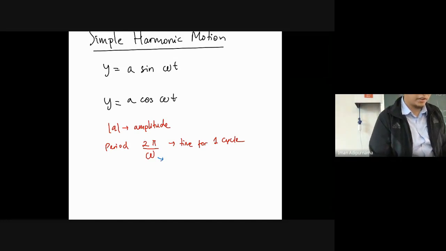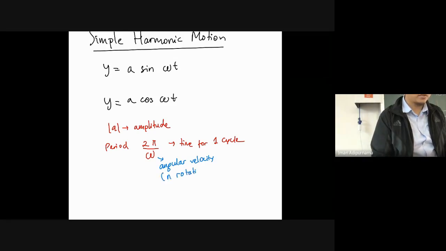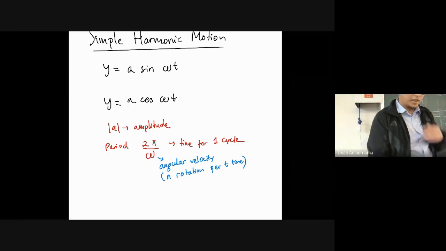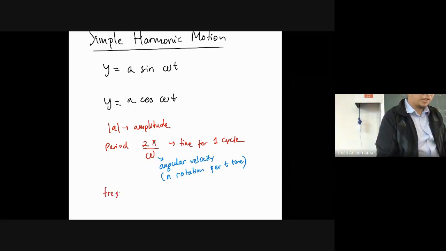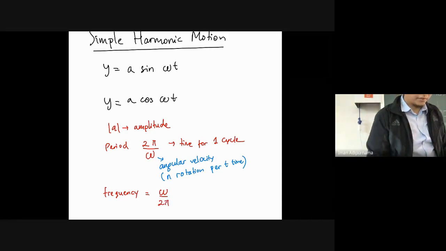And the omega itself is the angular velocity, meaning how many rotations per time. And then we have how frequent, so this is the number of cycles.